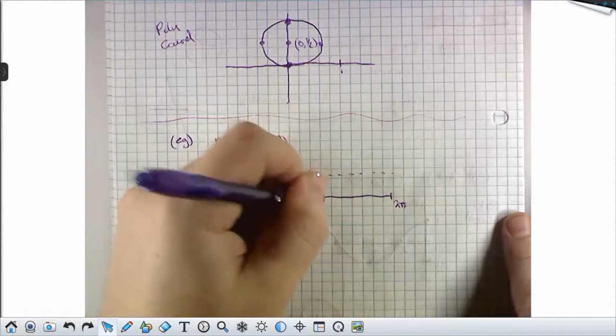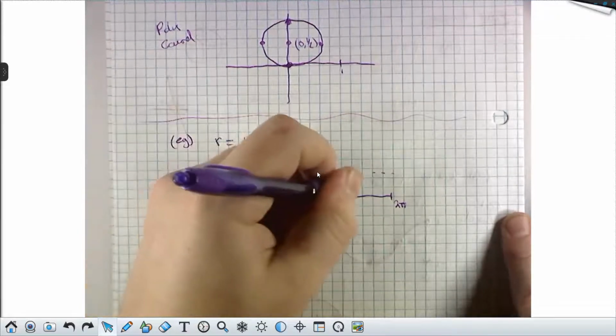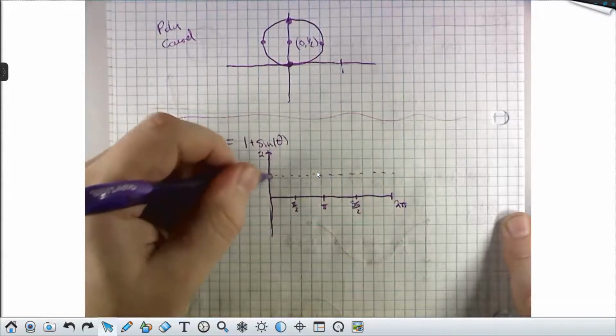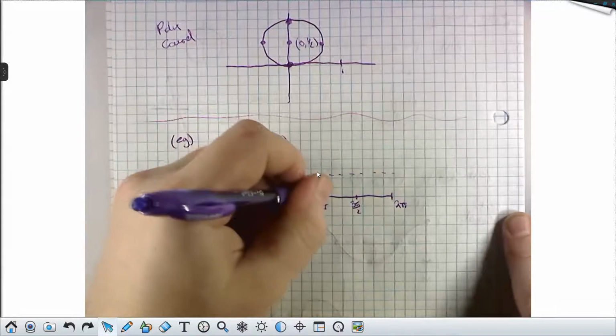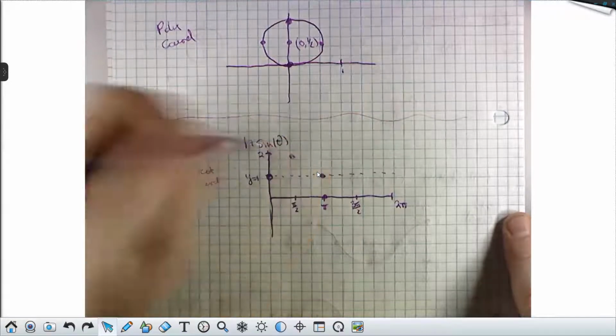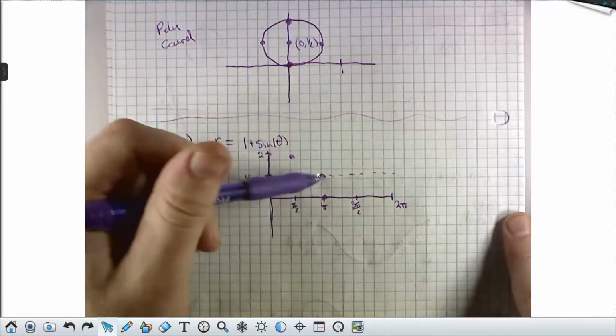Sine starts his adventures at the origin. But now that that's bumped up, he's going to start his adventures here. By pi over 2, he will reach his max of 2. By pi, he will reach what would normally be 0 for sine, but since it's bumped up 1, it will be 1.